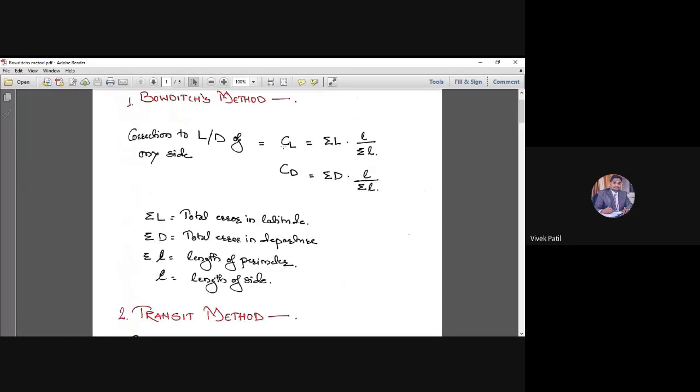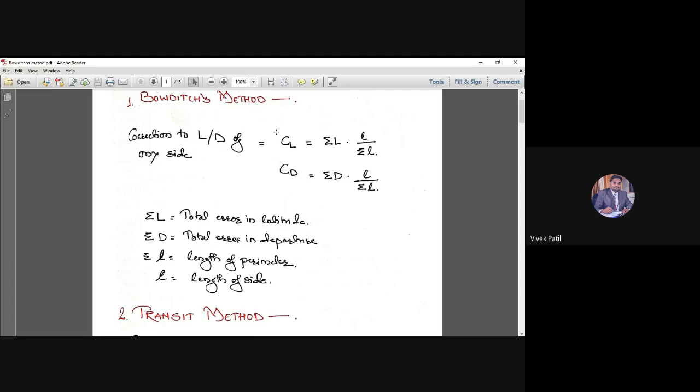Once again, the correction by the Bowditch method: correction for the latitude equals summation of latitude, that is the total error in latitude, into the length of that particular side, divided by summation of the sides, that is the total length of the traverse.